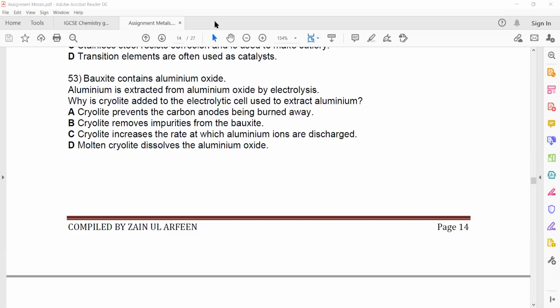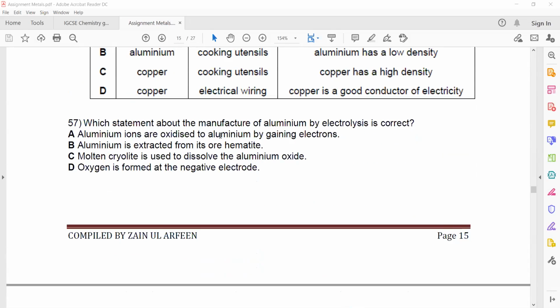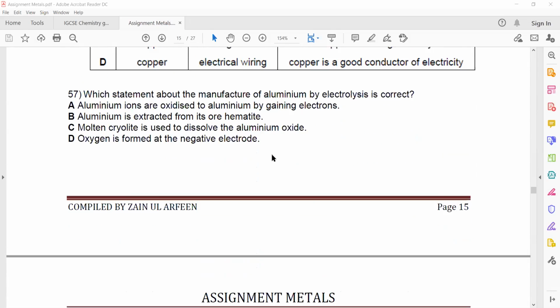So molten cryolite dissolves the aluminium oxide. That's why we use it. Question 57.